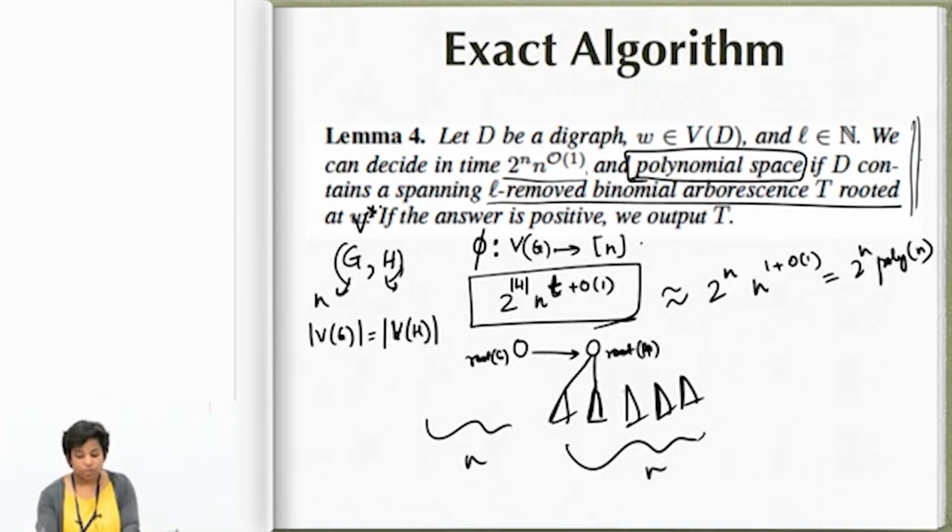So the L-removed binomial arborescence is the pattern graph that we are searching for in the bigger graph G. So this gives an exact exponential time algorithm.